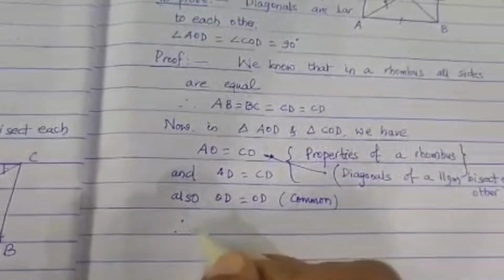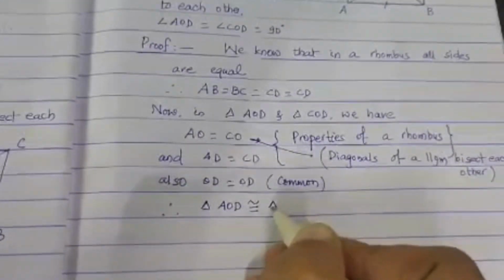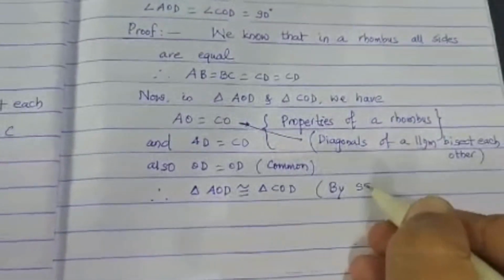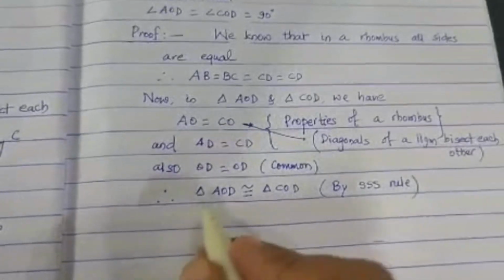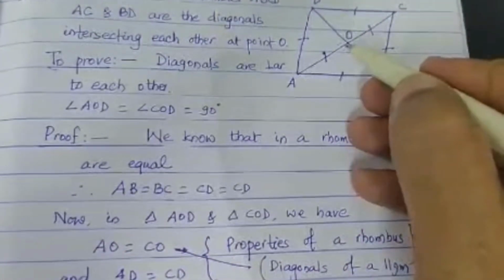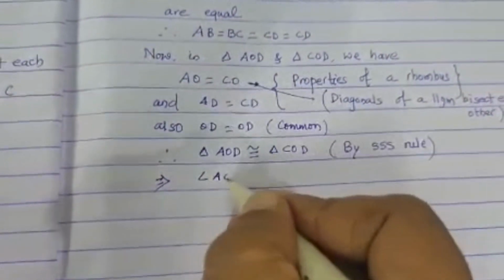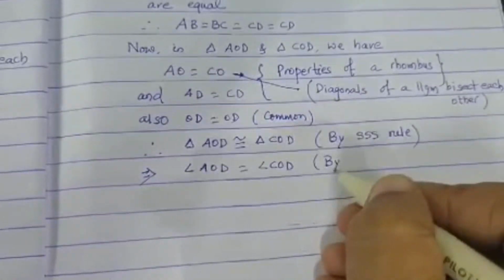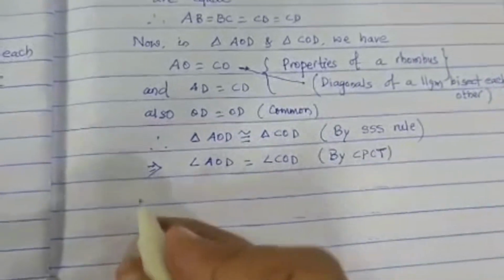Now we can say that triangle AOD is congruent to triangle COD by which rule? By SSS rule, side side side rule. If these two are congruent, then we can say that angle AOD equal to angle COD by CPCT, corresponding parts of congruent triangles.